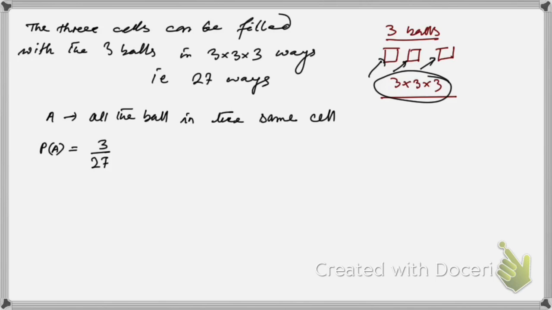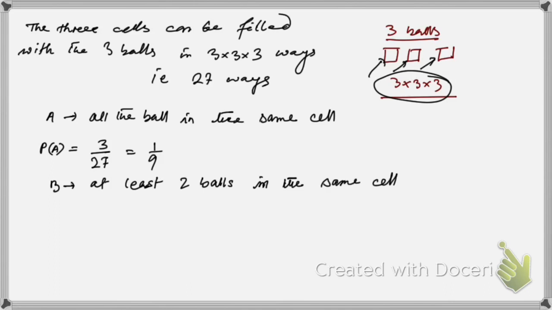So that's going to be equal to 1 by 9 after cancellation. And suppose B means the event at least 2 balls in the same cell, right?